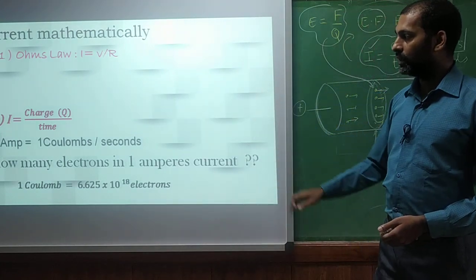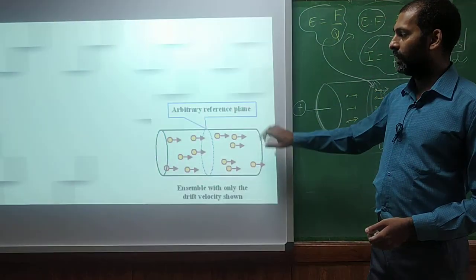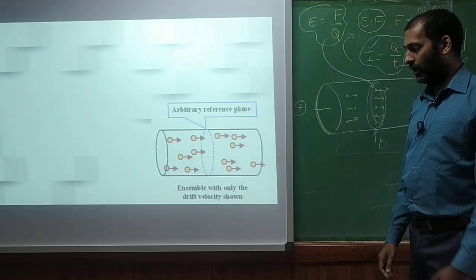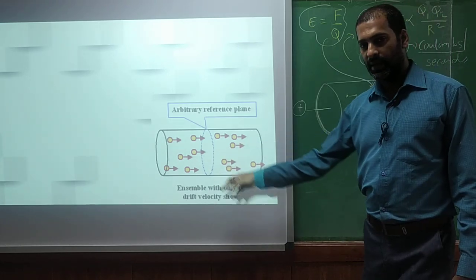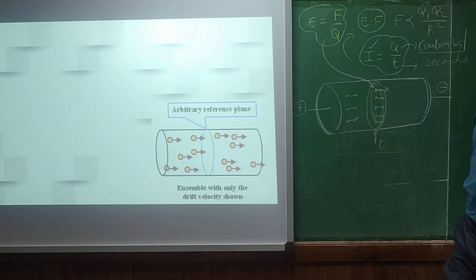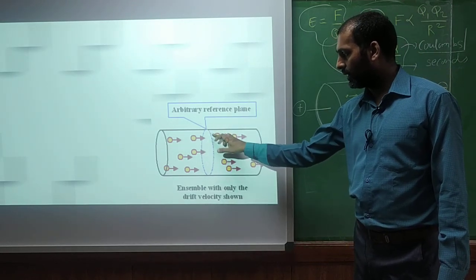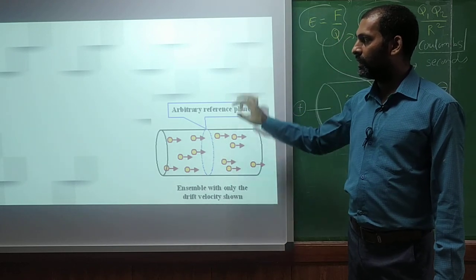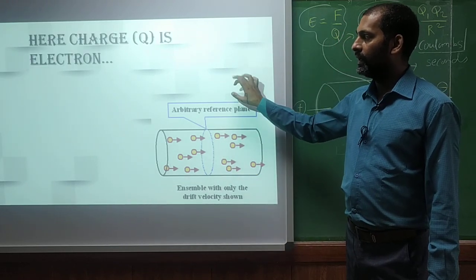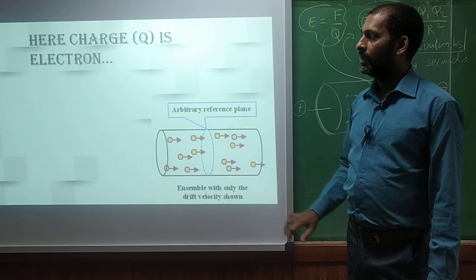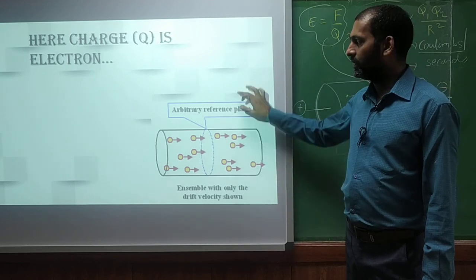And now we will move to the third expression of the current in mathematical form. Now here we can see the same diagram with a cross-sectional area. We will take a reference plane, a section where electrons will be considered with some velocity. So here we will relate it with velocity. Our charge is the electron, which is a negative charge.